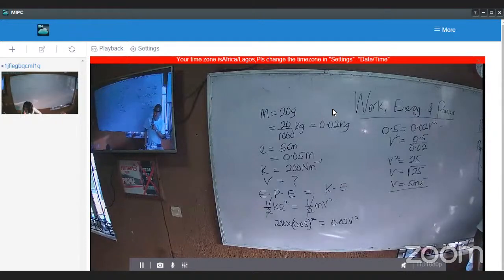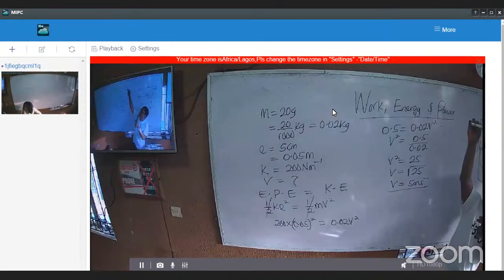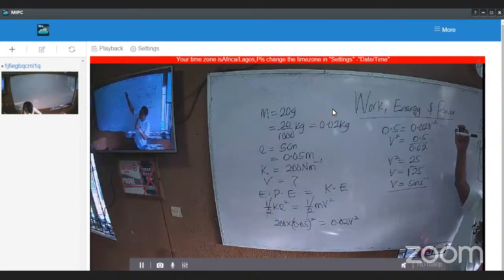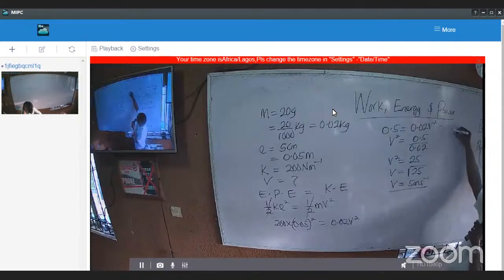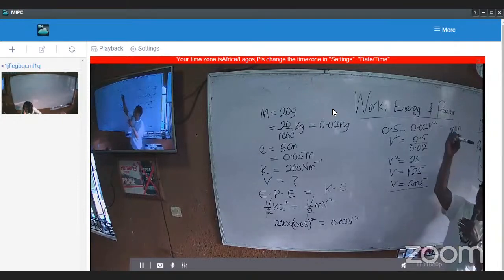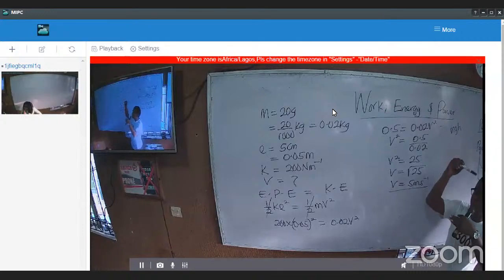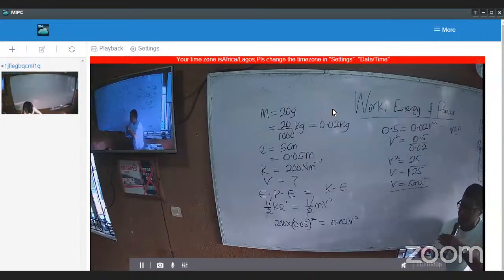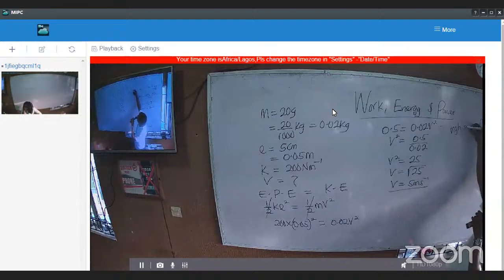We can also have energy being converted between two potentials. For example, I have a ball high up here. Before I drop it, the ball has gravitational potential because it has height, mgh. When I drop that body on a spring, by the time it falls on the spring, it will compress the spring. So that energy of compression is also elastic potential energy.